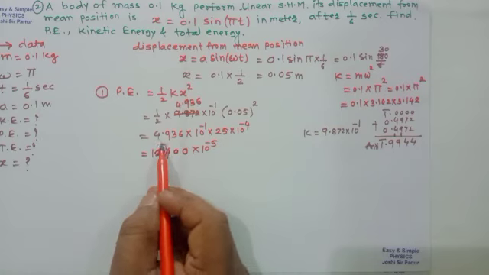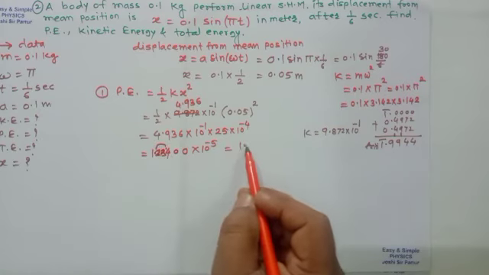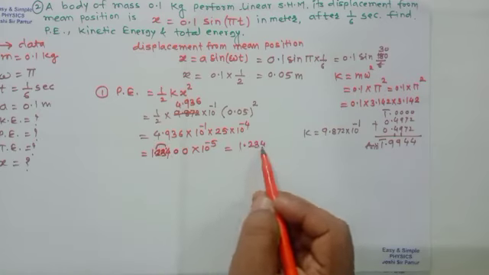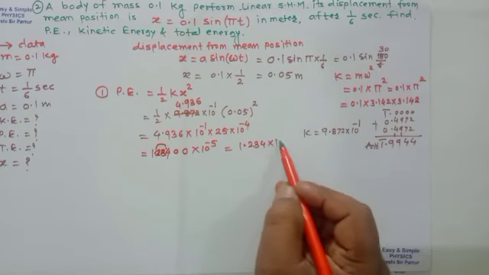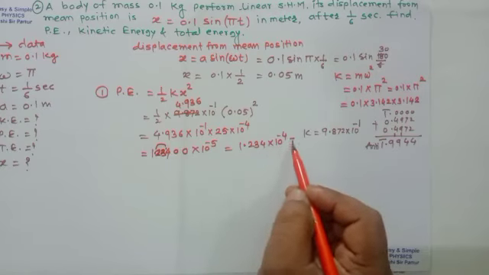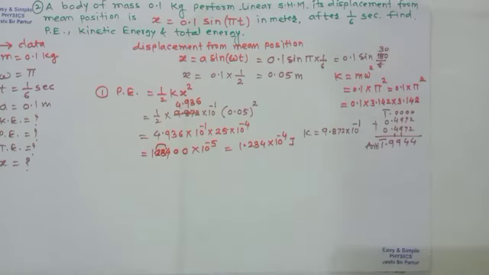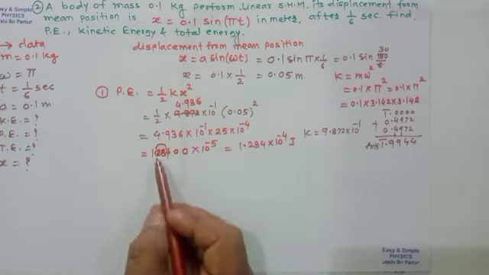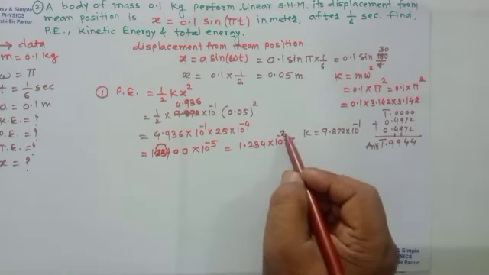If we shift the point, it is 1.234 into 10 to the power minus 4 joule. That is potential energy.